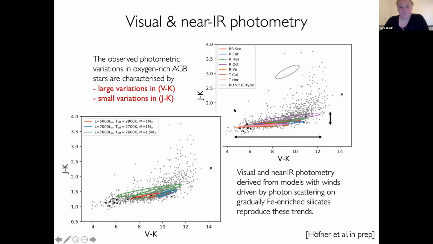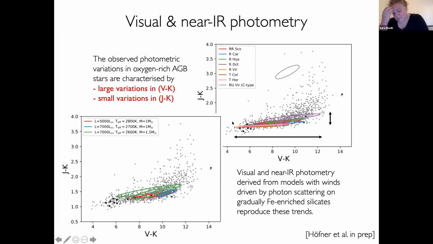What you see in this plot is the observed photometric variation for a few stars, marked here. They show very distinct trends: a wide variation in V minus K, and, note the scale, little variation in J minus K.